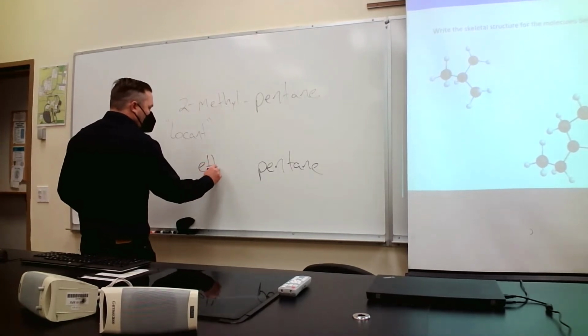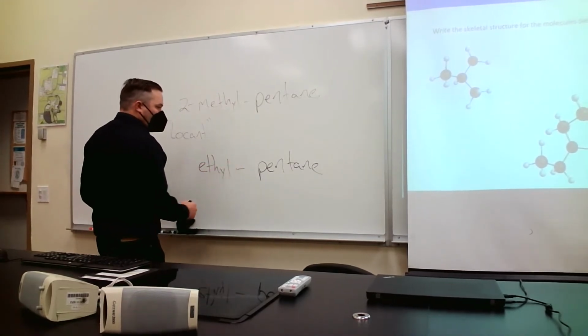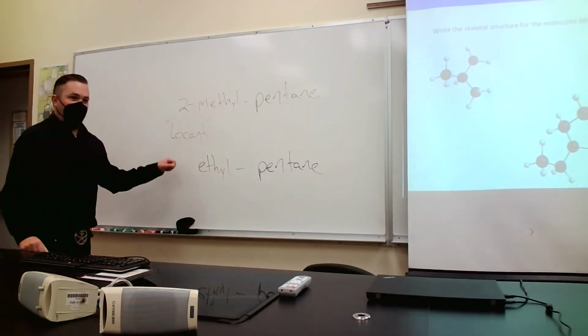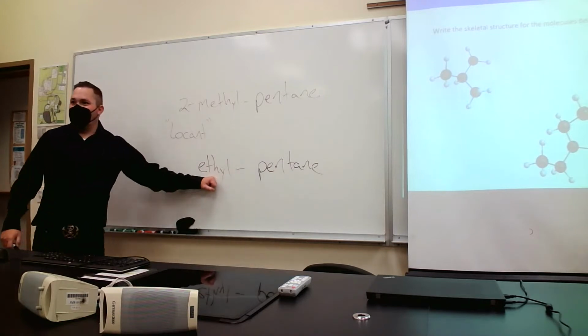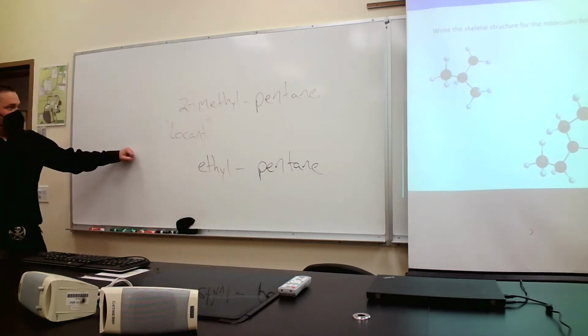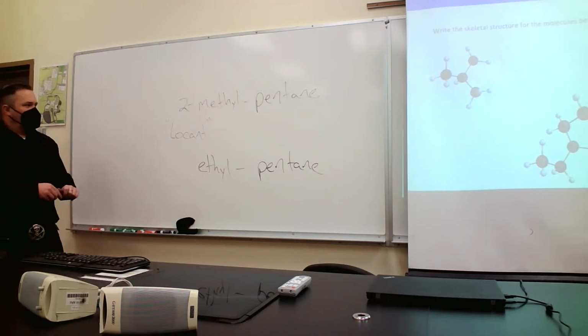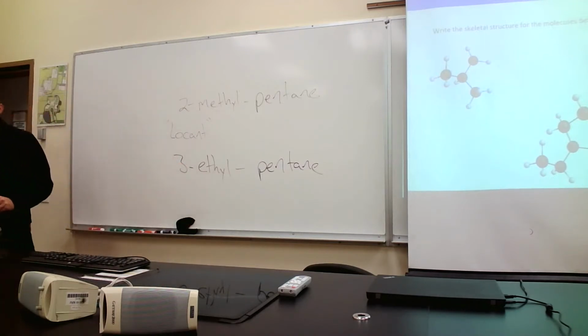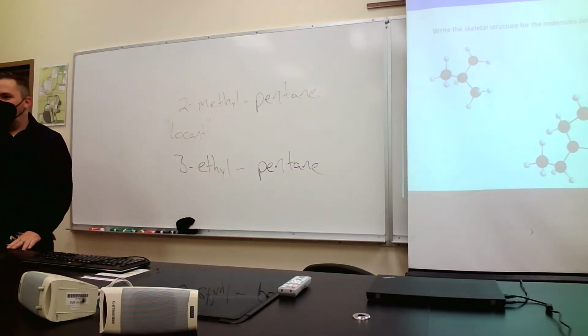So 2 is ethyl. Ethyl is not just a little old lady. Ethyl is a 2 carbon branch. Do we need a locant for that one? 3. It's on carbon 3. It's a little bit redundant actually in this case, because could you have 2 ethyl?